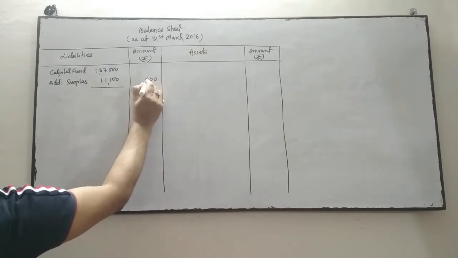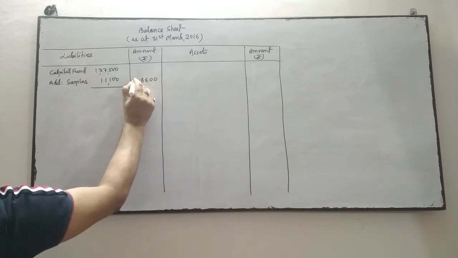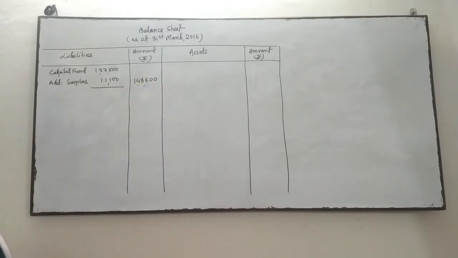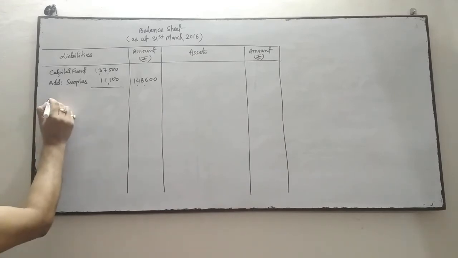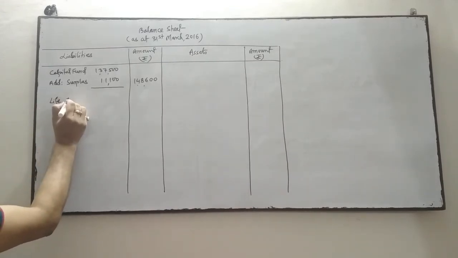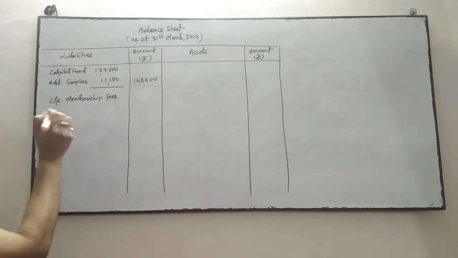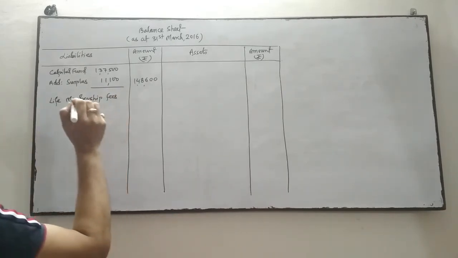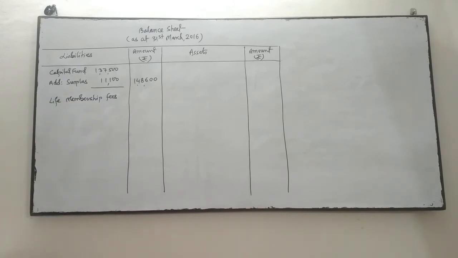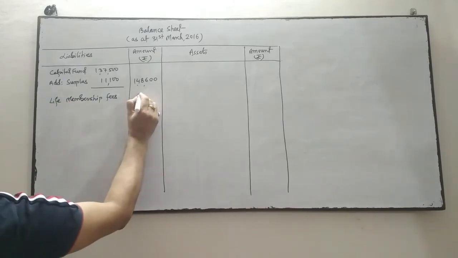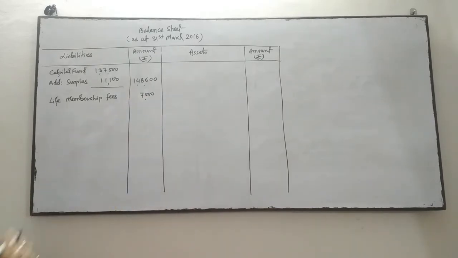Your life membership fees, life membership fees is 7,000, which is given in the receipt and payment account in the receipt side. It's a capital receipt.